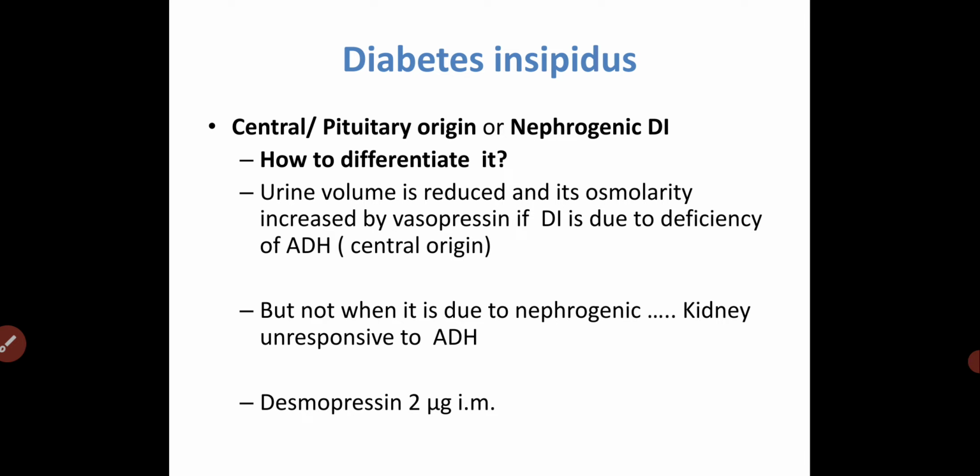It's called nephrogenic or kidney related diabetes insipidus, so it's not of central origin. Nowadays, to differentiate central and nephrogenic diabetes insipidus, we use desmopressin 2 microgram intramuscular.